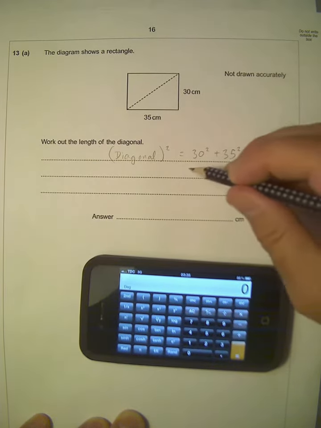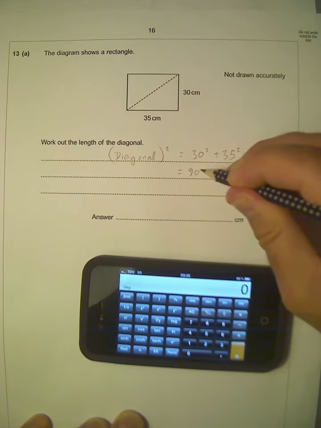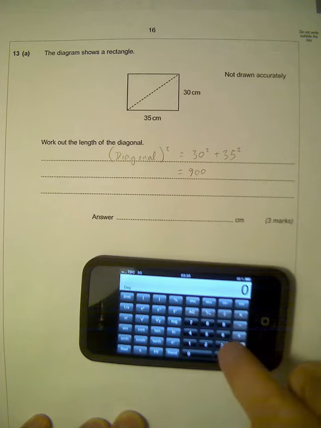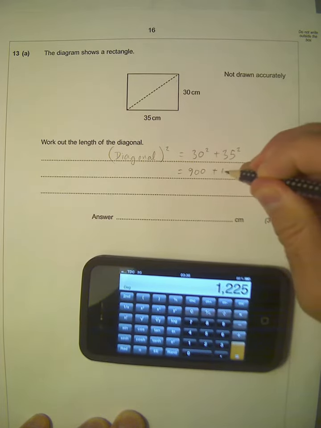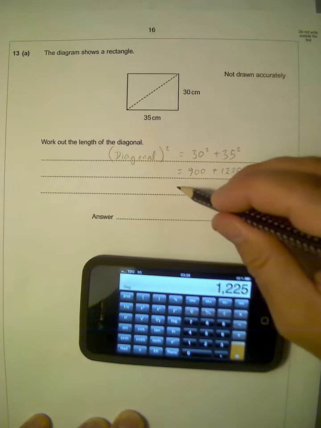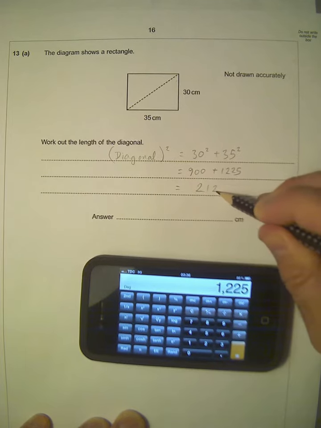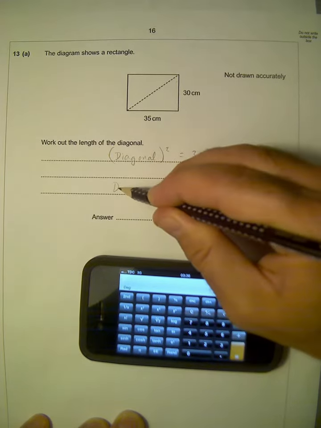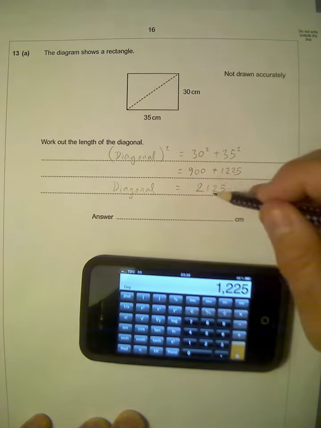30 squared is 900, and 35 squared is 1225. So they add up to 2125. So the diagonal squared is 2125.